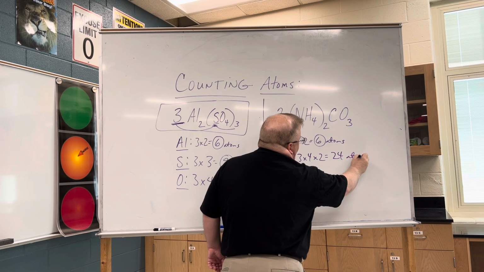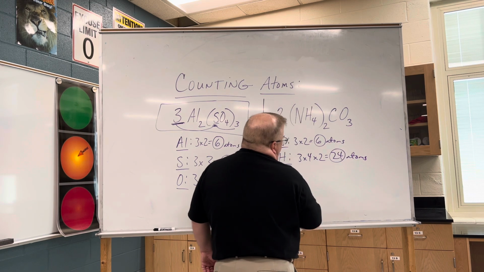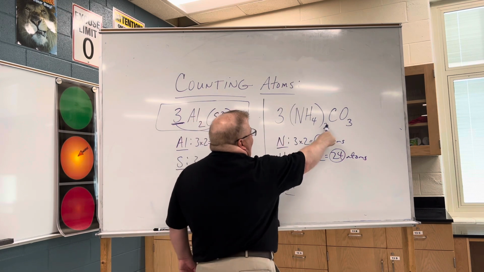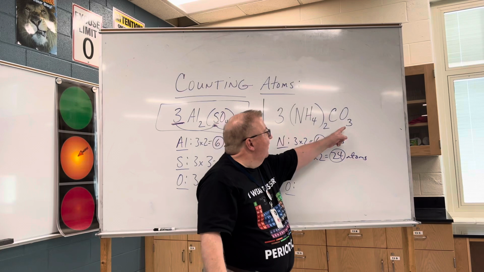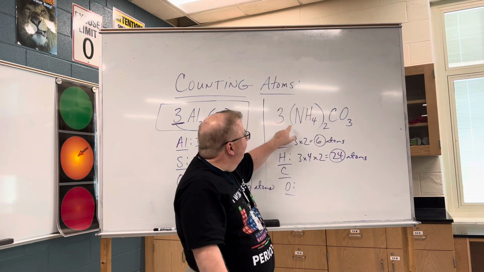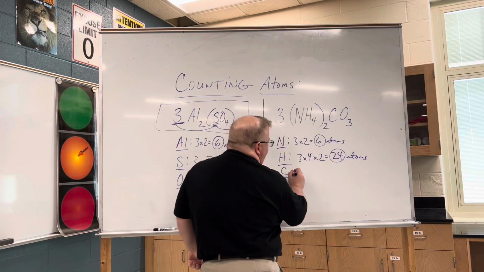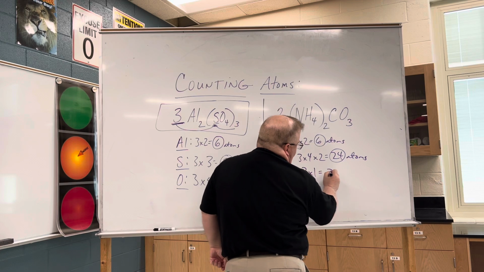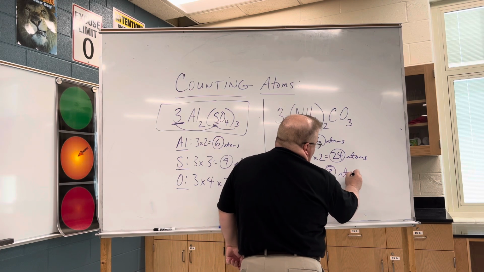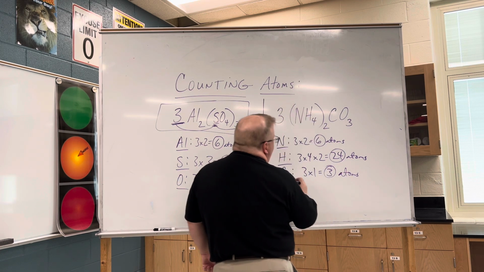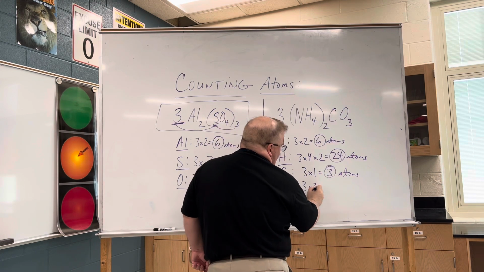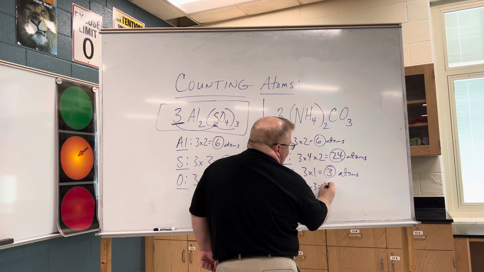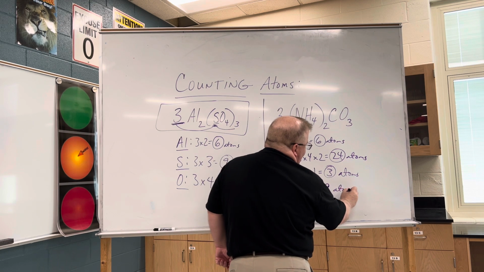Carbon: there's nothing there, so it's understood to be a 1, because that 3 goes with oxygen, not with carbon. So 3 times 1 is just 3. And then oxygen, 3 times 3, is 9 atoms.